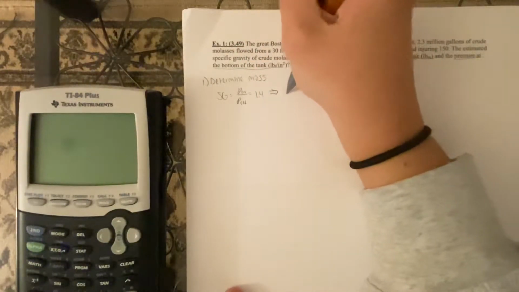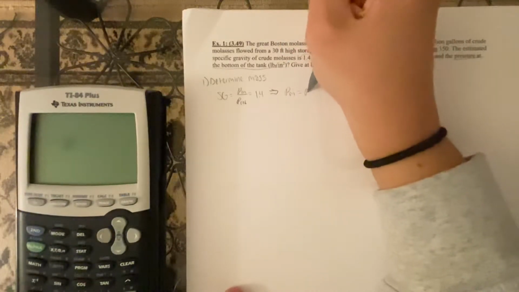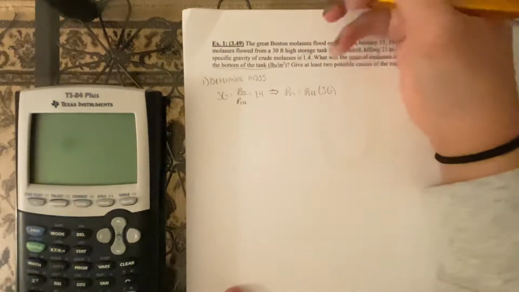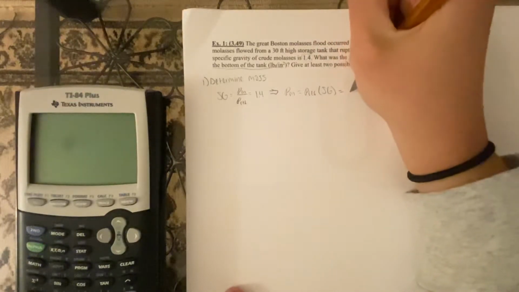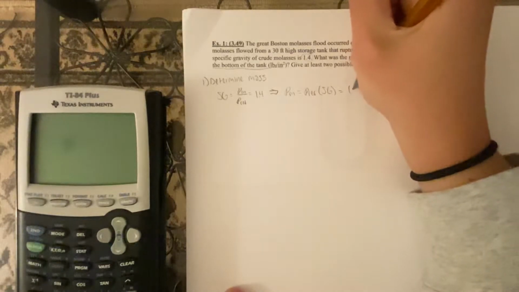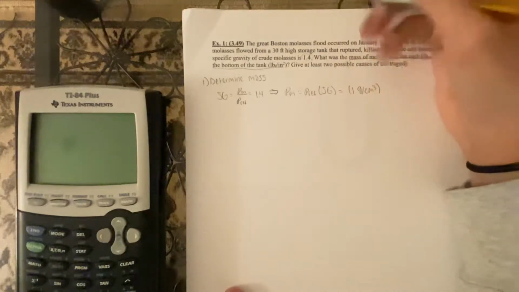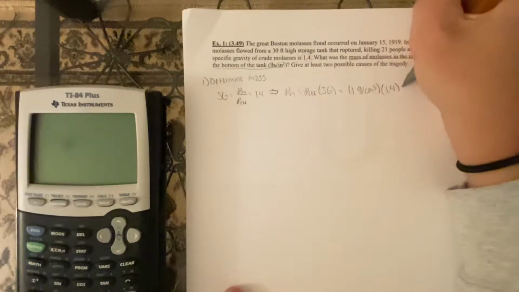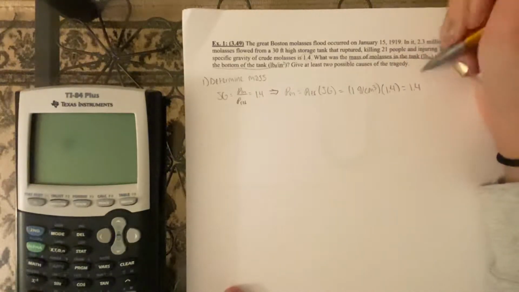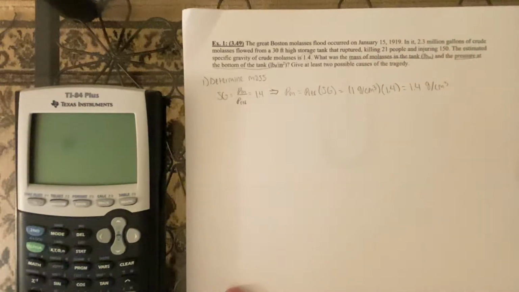Rearranging, the density of the molasses is equal to the reference density times the specific gravity. We know the density of water is 1 gram per cubic centimeter, and our specific gravity is 1.4, so the density of molasses is 1.4 grams per cubic centimeter.